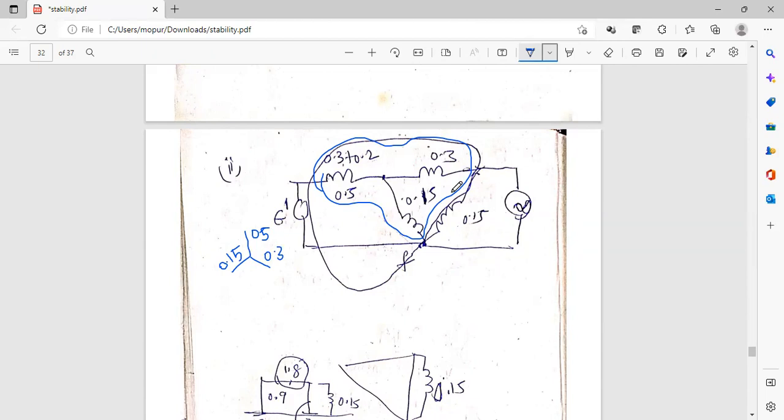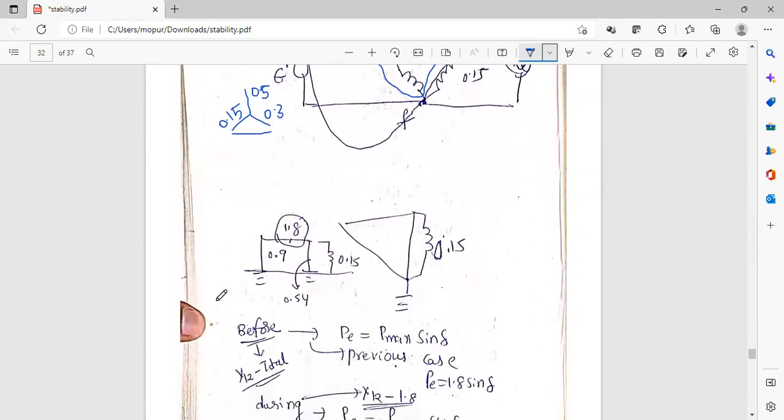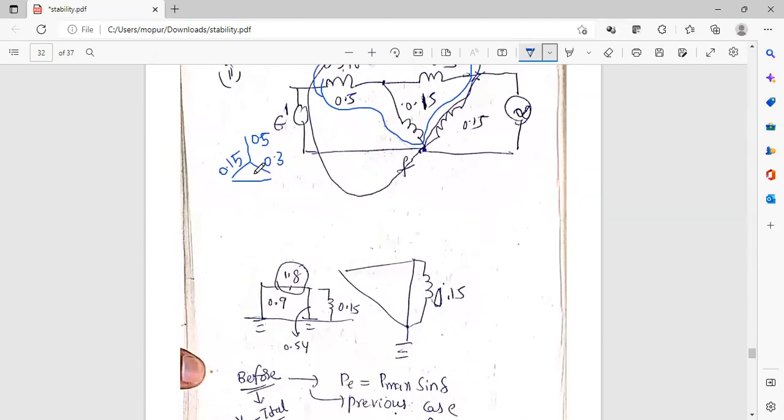And where will this 0.5 be lying? This 0.5 will be here. Here you have 0.15. We are bothered about this. So if you convert this star into the corresponding delta, it will come like this. See, this is the delta, and the other end is here. This 0.15 is parallel.